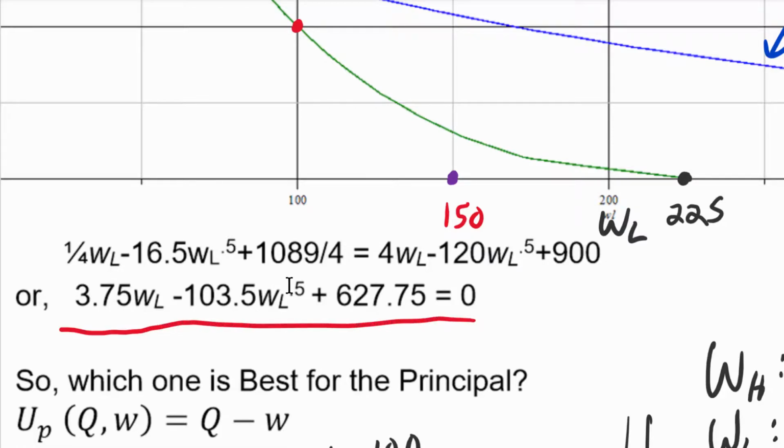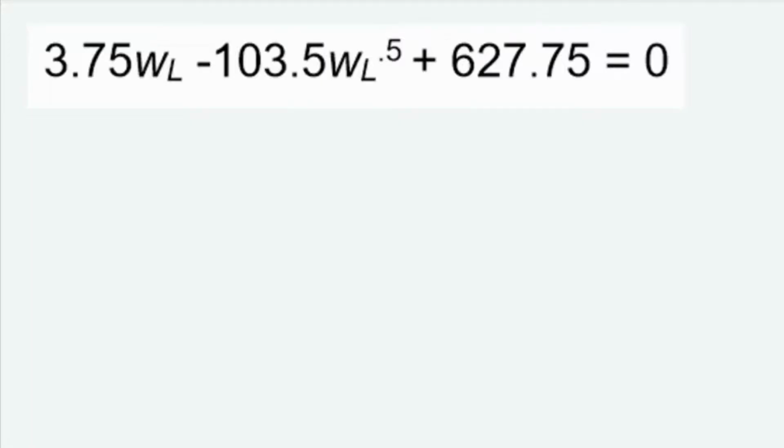So let's see how we would solve that. We can use the quadratic equation. Quadratic equation? Wait, wouldn't that mean that this would have to be squared and this would have to be to the first power? Yes, but what we could do is use the quadratic equation to solve for the square root of WL and then square it.